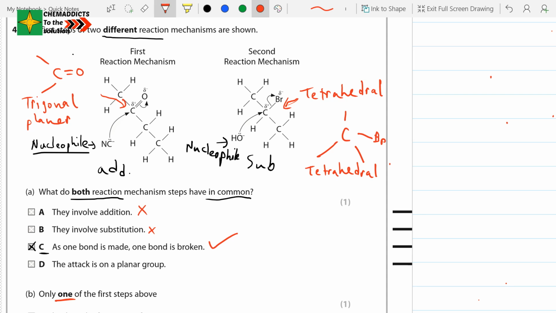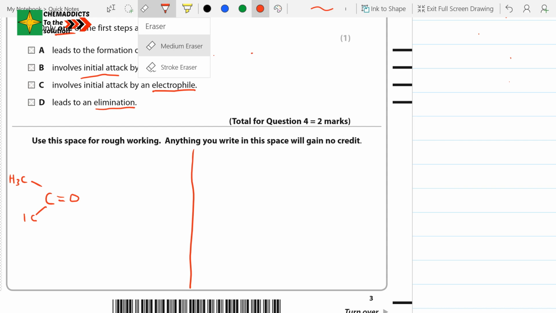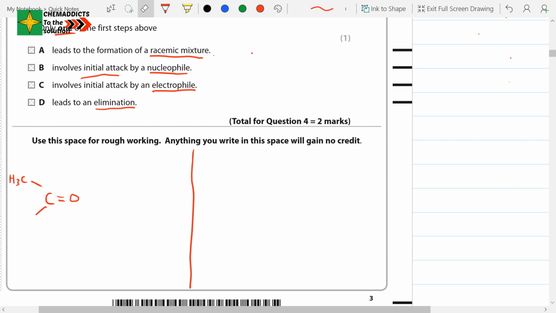If we draw the structure the other way around, it would look like this: CO, then H3C, then CH2, sorry, the structure would look like this: CH2, then H3C.